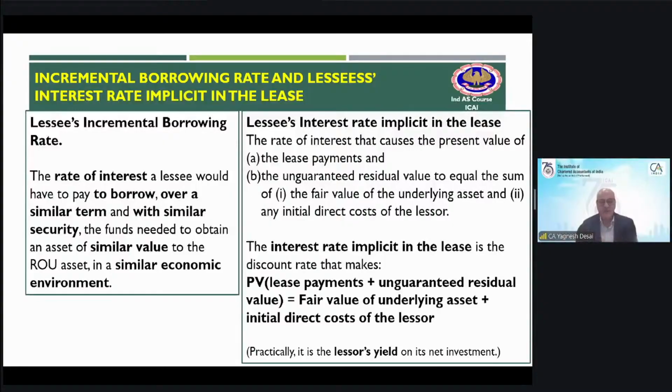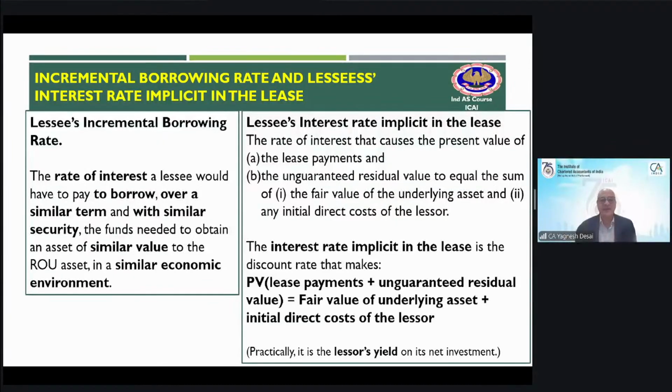Let's now start from the beginning. There has to be a contract. The contract means a legally, commercially, properly enforceable contract, which has commercial substance. This contract should give the right to the lessee to use the underlying asset throughout the lease term.